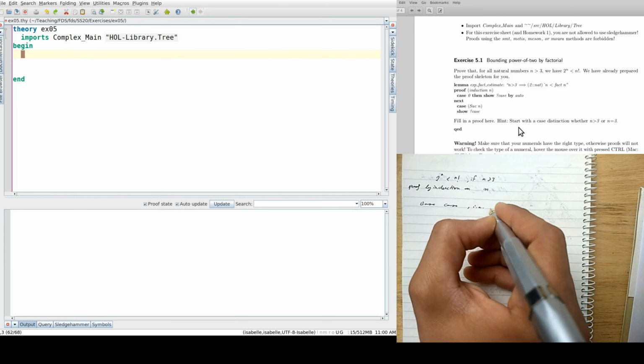The first case is if n is strictly greater than 3, and if n is equal to 3. So let's first consider if n is strictly greater than 3. What do we have there? Then from the induction hypothesis we have that 2 to the n is strictly smaller than n factorial.